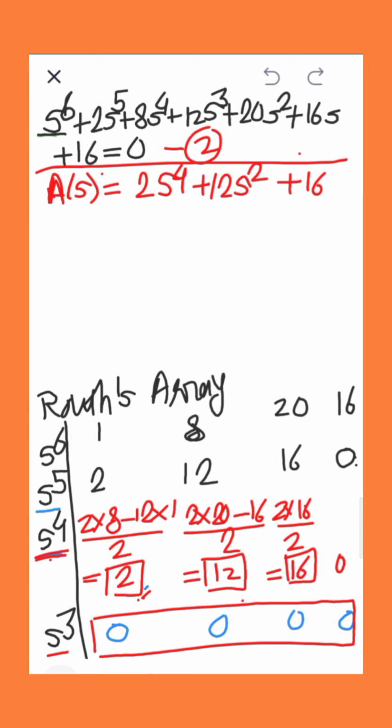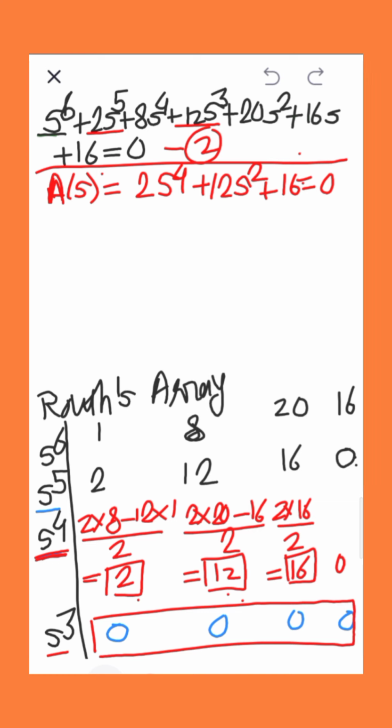I told you earlier: when we go for this, see, this is 2 s to the power 5 and this is 12 s to the power cube. In every row, the power of each coefficient decreases, the order is minus 1. So here it is 12 s to the power 2 plus 16, a constant, equal to 0.